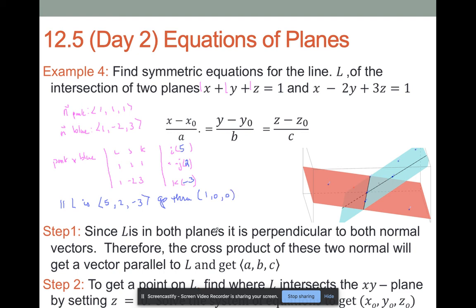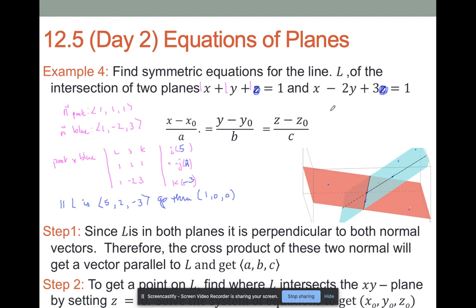And where did I get that point again? Right? I want to see where this plane hits, right, a point on the line.